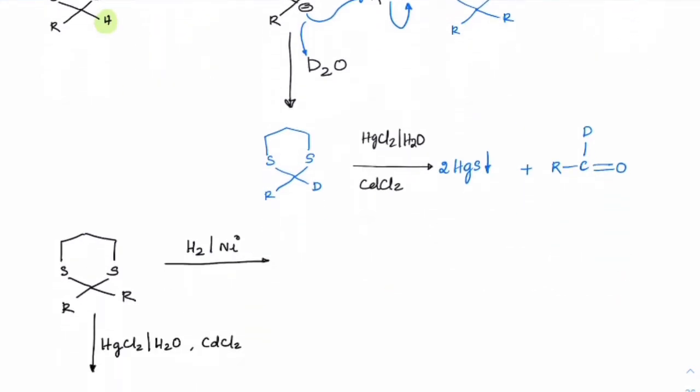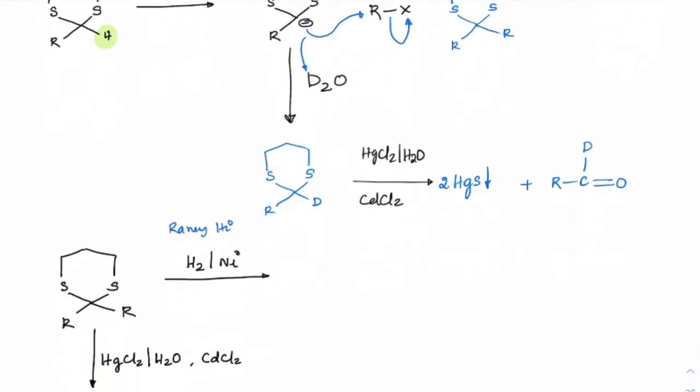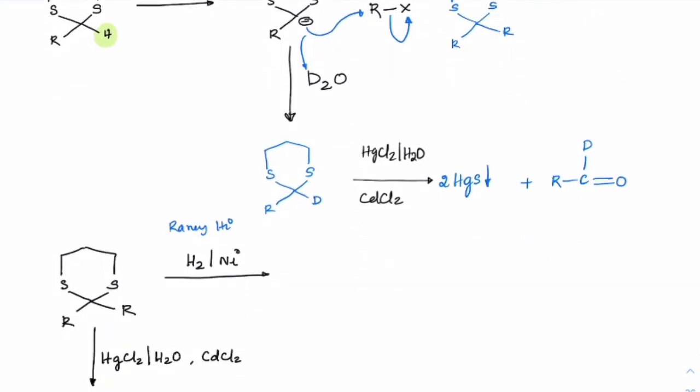Another thing you may have learned is that either you use Raney nickel or nickel in H2. This group which has formed here, I can use for formation of alkanes. Whatever the desired alkane I want, I can get it on treatment with H2 and nickel.